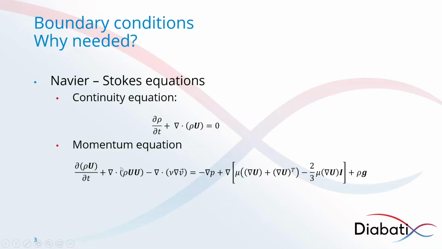We have 3 momentum equations in the x, y, and z direction, and we have the continuity equation, which you can see here on this slide. In these 4 equations, we have 4 unknown variables: ux, uy, and uz, and the static pressure P. So we have 4 unknowns, so we have to specify boundary conditions for these unknown variables.